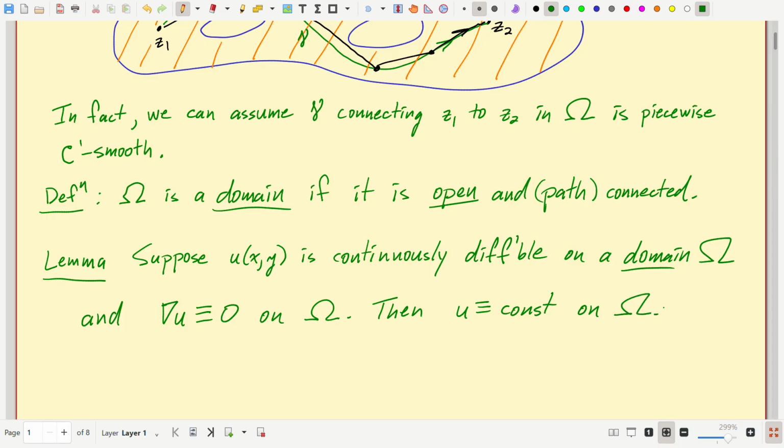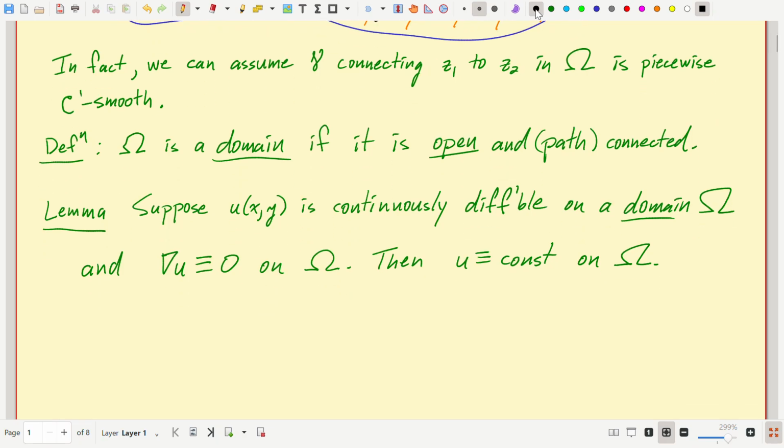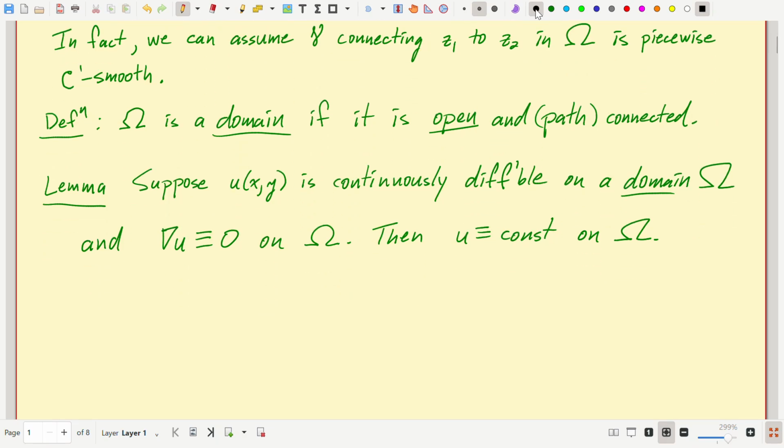Okay, and the proof's pretty straightforward. By the way, I'm identifying R2 with C when I talk about these sets. And u of xy is a real function of x and y. So the proof is very straightforward.